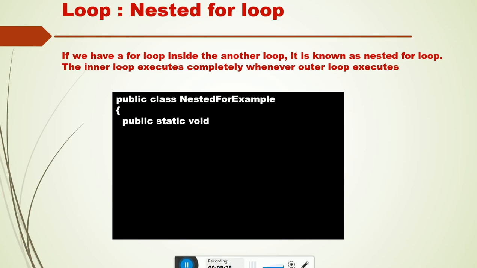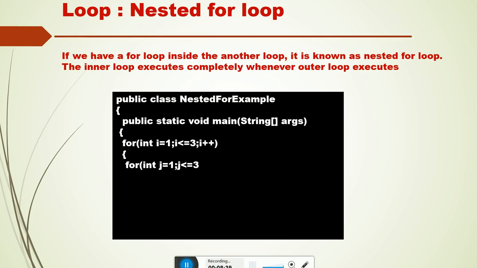First you have to create the class, and inside that class you use the main method. Now inside the main method you type the actual code which you will execute. So see here, what is this? for (int i = 1; i <= 3; i++).